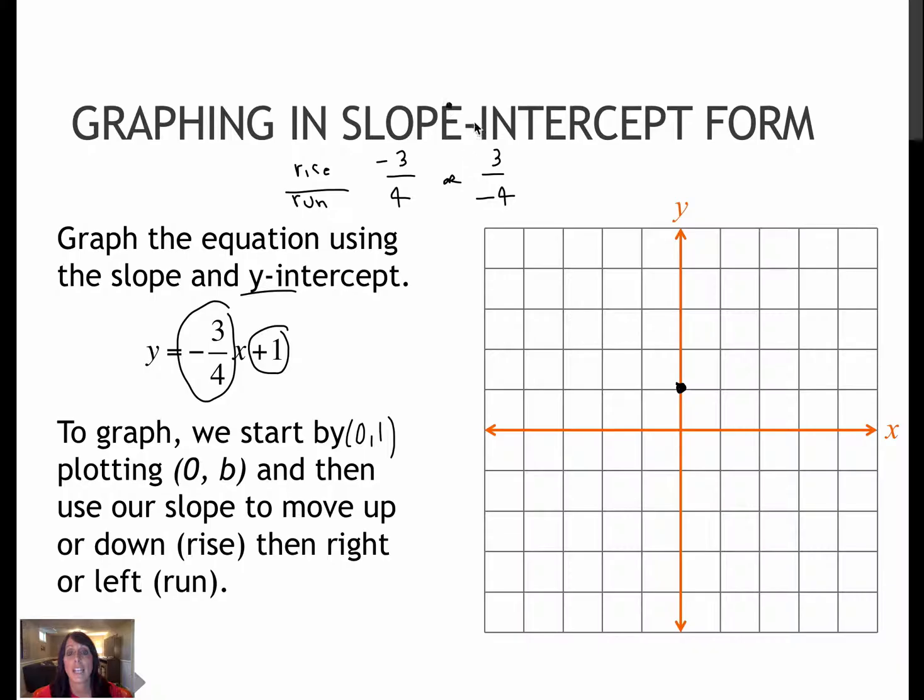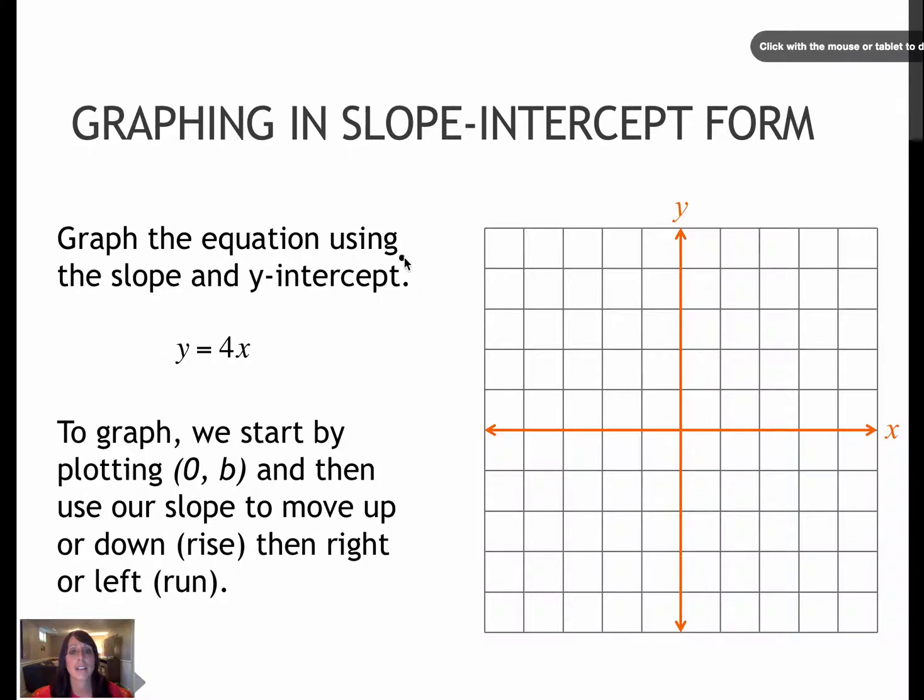So just one negative, don't use 2. Negative 3 over 4 means I'm going to go down 3, but I'm going to go positive 4. Or I could have gone up 3, a rise of 3, but a run of negative 4. So it's going to be a line that looks something like that.